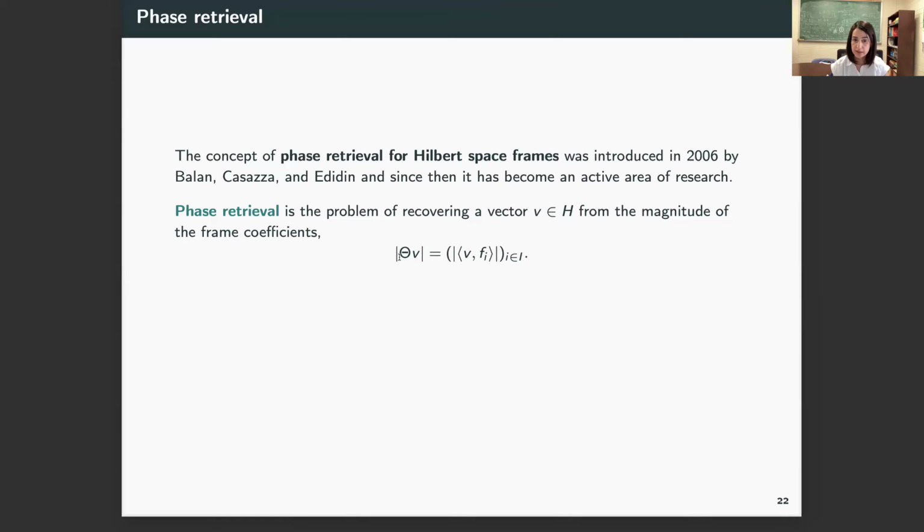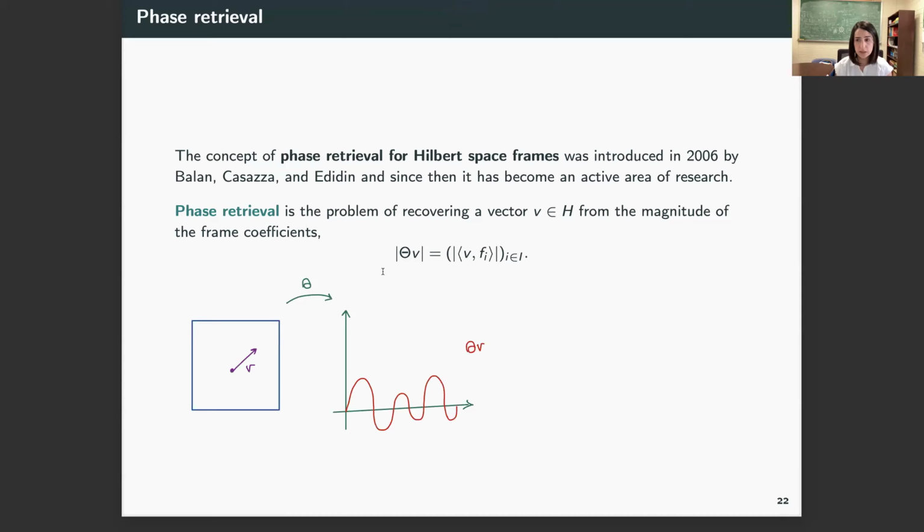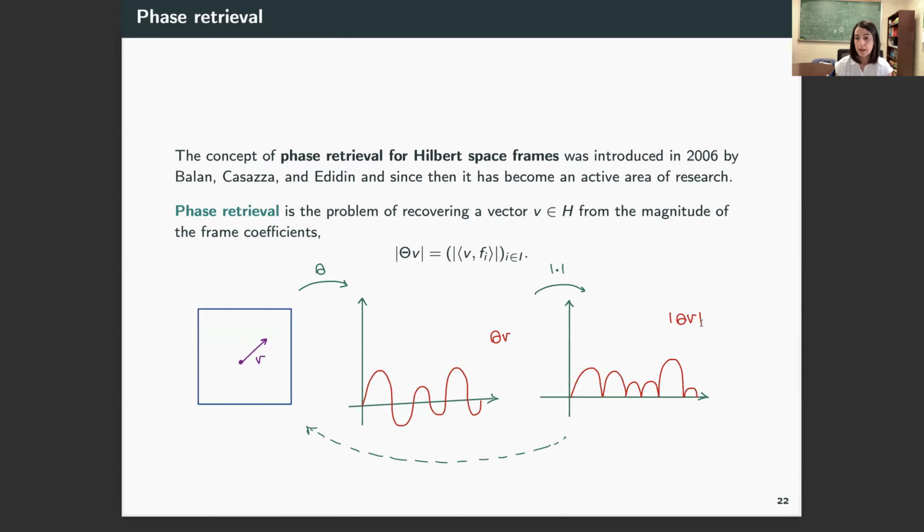Now the information that I have and I want to recover V from is only the magnitude of these frame coefficients. So I only have the magnitude here, and with this, I'm going to go back and try to find V. In a sense, if I'm applying this theta and I have theta V as my information, with phase retrieval, I am now having less information.